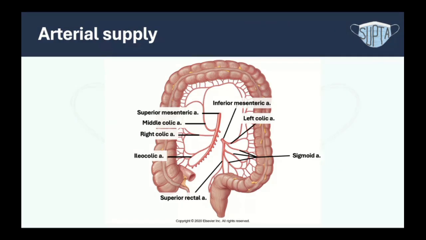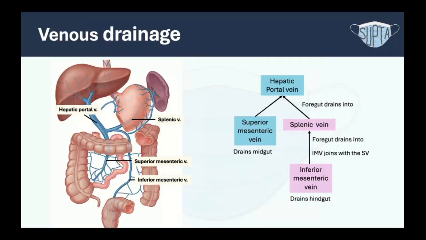Let's move on. And so moving on to venous drainage, it follows a similar pattern to the arterial supply, and it ultimately drains into the portal system. So everything goes into the liver. And again, we have the midgut draining into the superior mesenteric vein. The hindgut drains into the inferior mesenteric vein, which then joins the splenic vein.